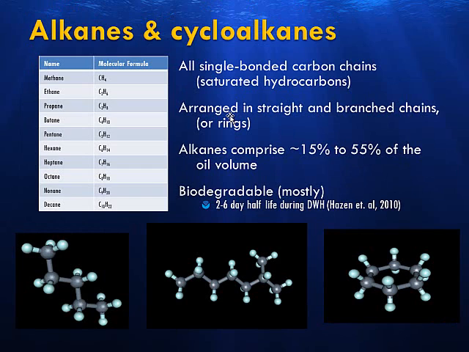They can make up a pretty sizable portion of a given volume of oil. And because they're relatively simple hydrocarbon chains, they're easily broken down by microbes. So microbes tend to like to eat these before they eat the more complex molecules. And I think Kathleen will talk about that in her talk on Thursday.